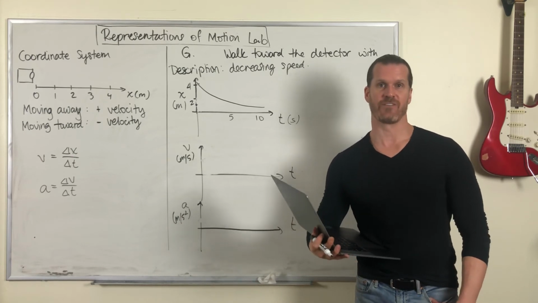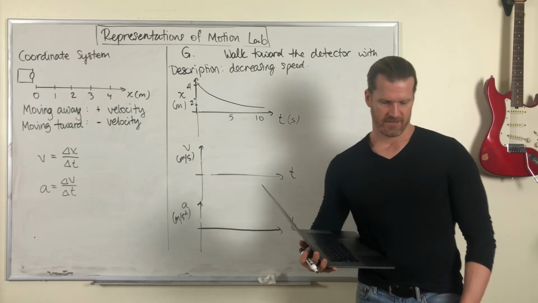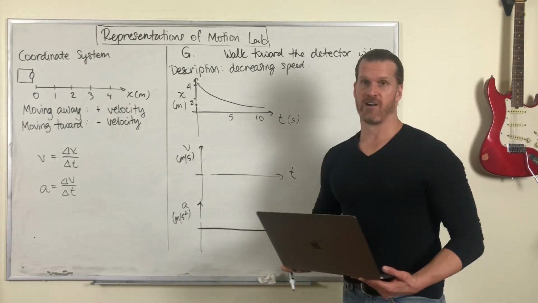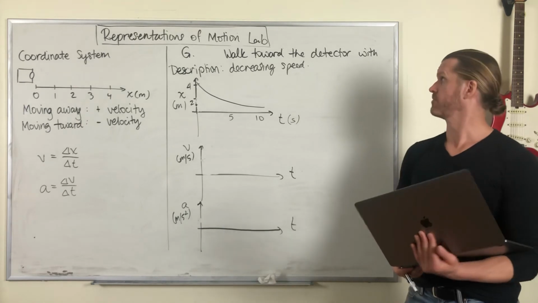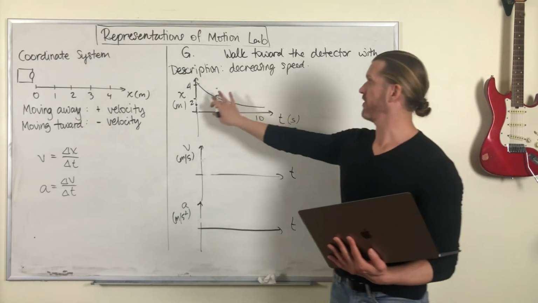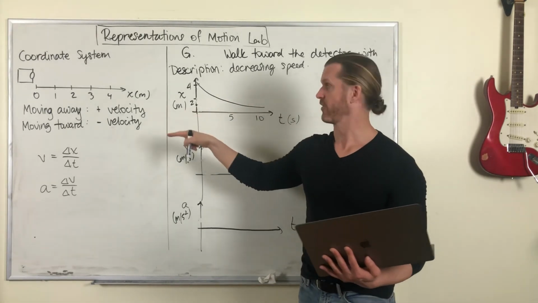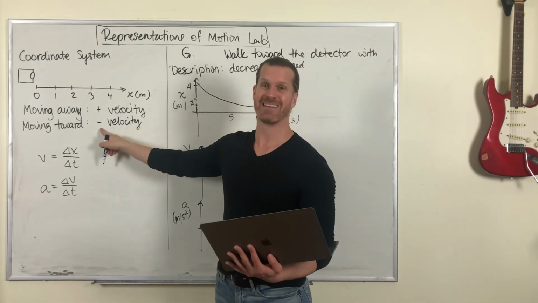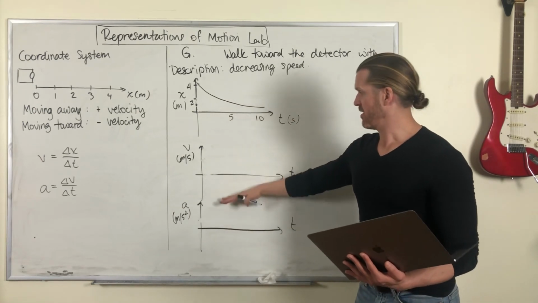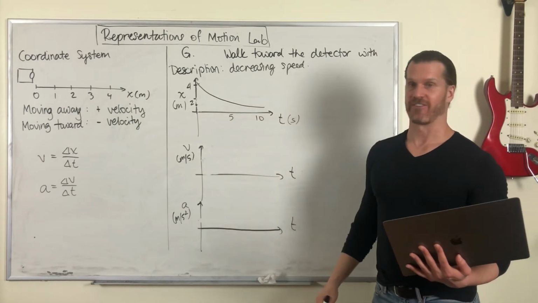You're slowing down as you do so. Now, with that description in mind, we're going to draw the velocity graph. This whole time we're walking toward the sensor. That means the velocity must be negative the whole time. So whatever graph we draw, it has to be below this horizontal axis.